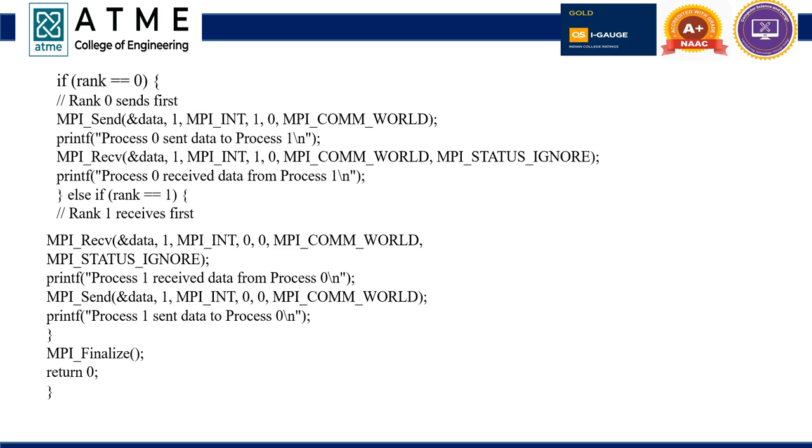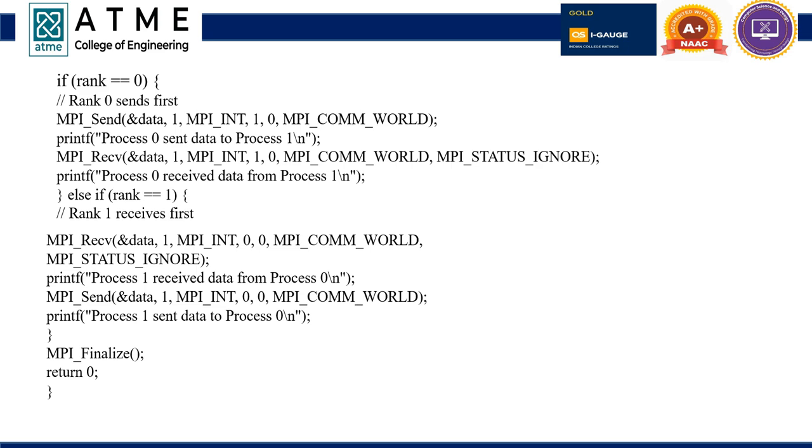So now this code is executed by process 0. Process 0 sends data to process 1 using MPI_Send with data, 1, MPI_INT, 1, 0, MPI_COMM_WORLD. Then print process 0 sent data to process 1, and process 0 again receives the data back from process 1.